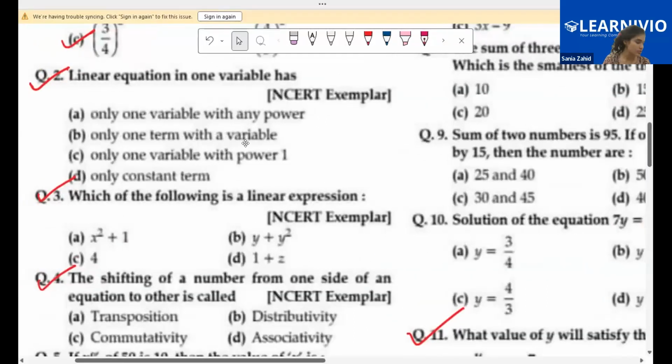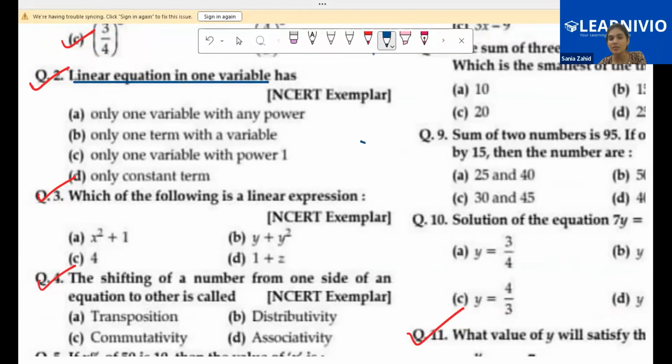Please look here and check your answers. The first is linear equation in one variable has only one variable, only one term with a variable, only one variable with power 1, or only one constant term. Linear equation in one variable means it should have only one variable, and linear means the power of the variable should be 1.